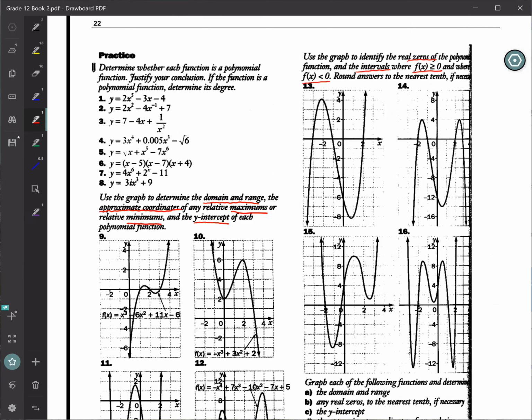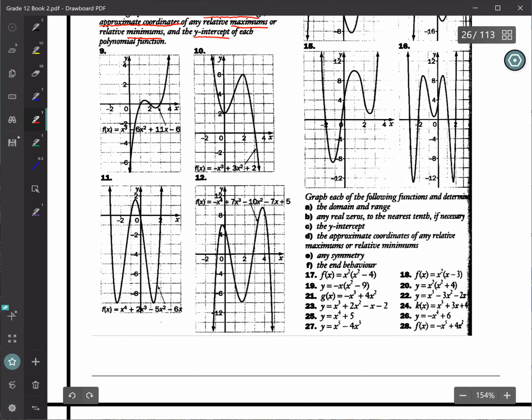You just need to know how to read it. Same thing, you approximate if the point is not an integer. Then I will pick a couple of questions from the bottom part where you need to show the graph. After that, you get the domain, range, zeros, y-intercept, max and min. So everything we've learned.